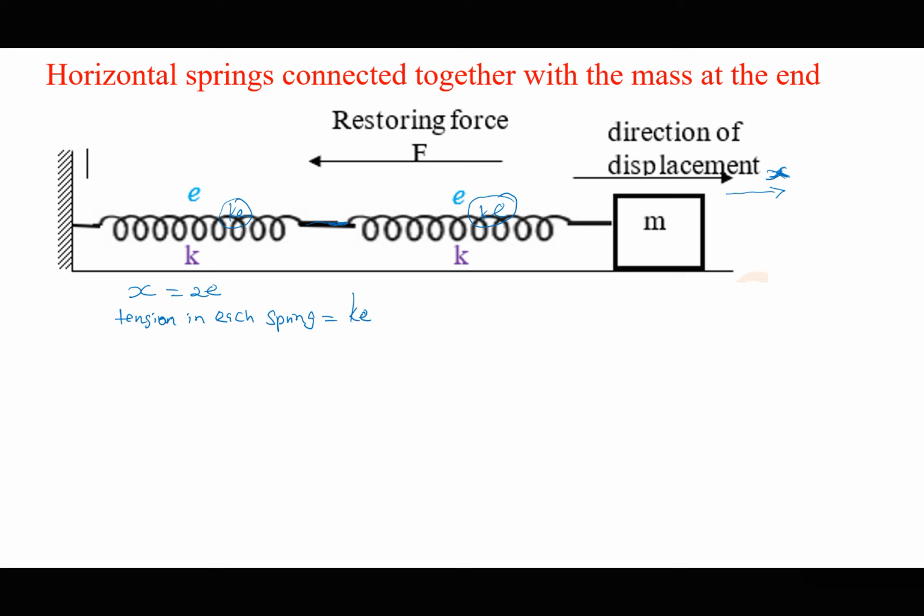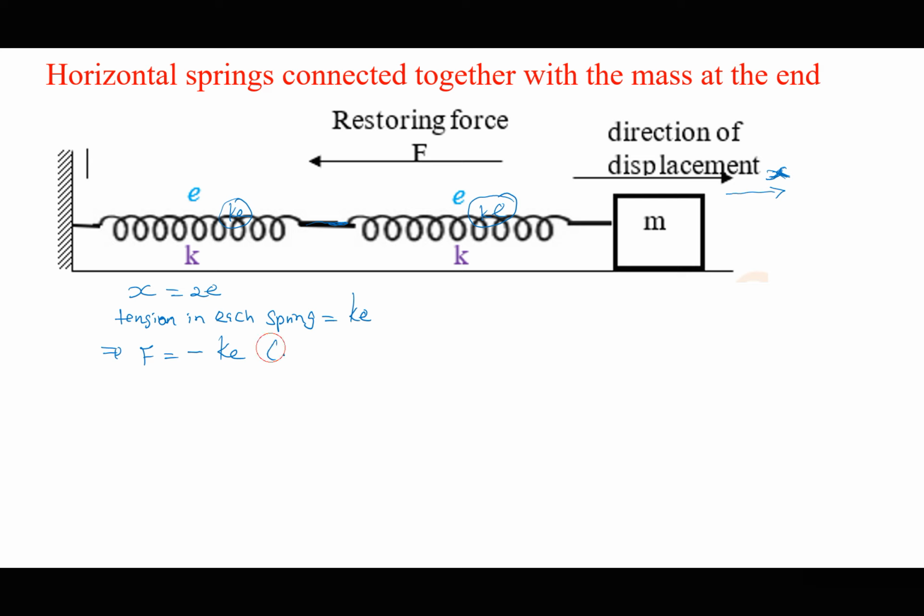But remember, I said the restoring force is going to be the same as the tension in just one spring, because it is the same tension which is experienced. So the restoring force F is going to be equal to the negative of just k times e, because each spring experiences the same force, which is k times e.